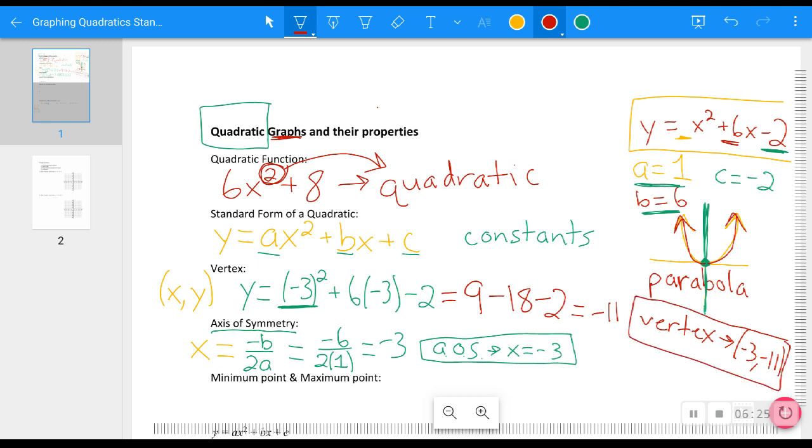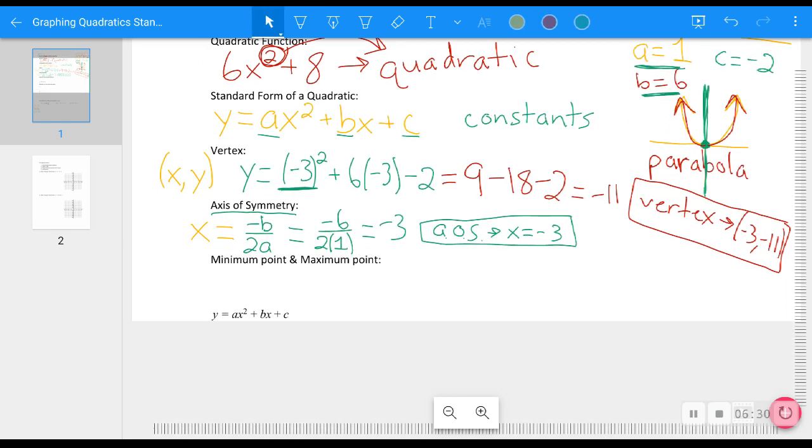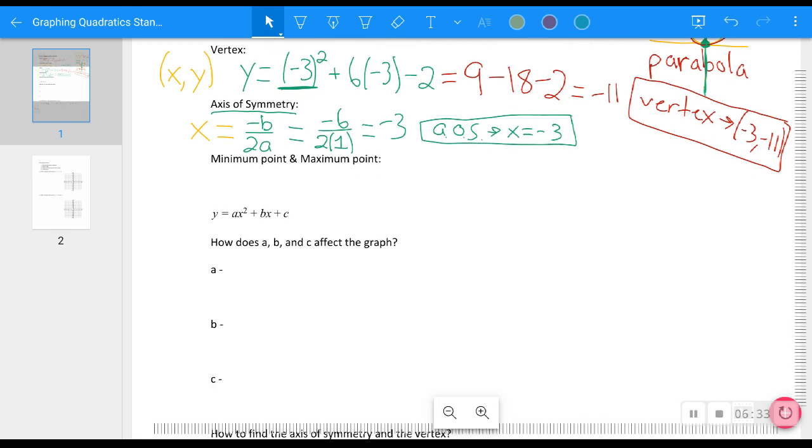And that, ladies and gents, is how you find your vertex and your axis of symmetry. Another reason the vertex is so important is because that will always be our minimum point or our maximum point. Sometimes we'll get the first graph I showed you.